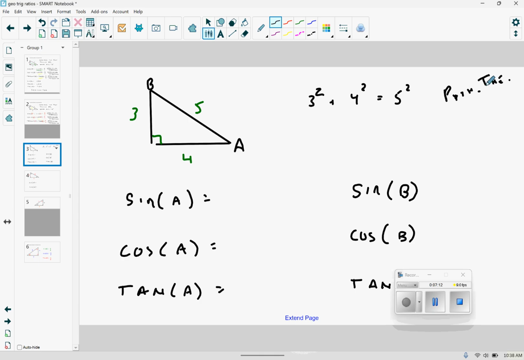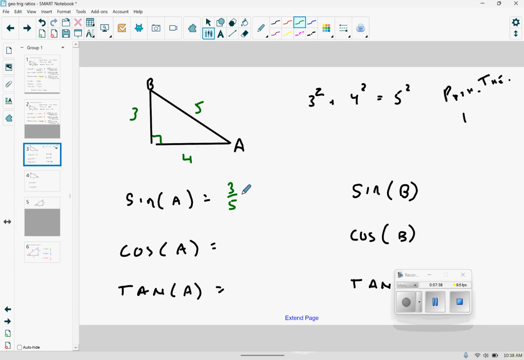So we know this is a 3, 4, 5, and we know it's a right triangle. These definitions only work for right triangles. So if I want to find the sine of A, the sine of A is going to be the opposite leg over the hypotenuse. The opposite leg of A is 3. The hypotenuse is 5. Easy peasy.